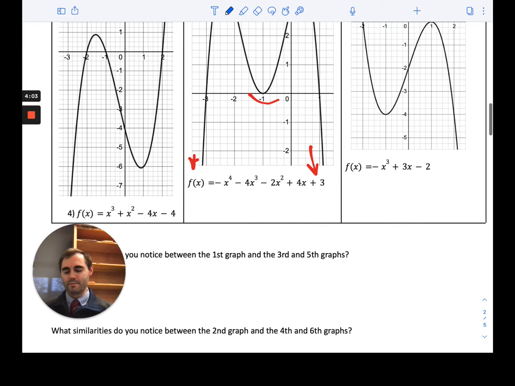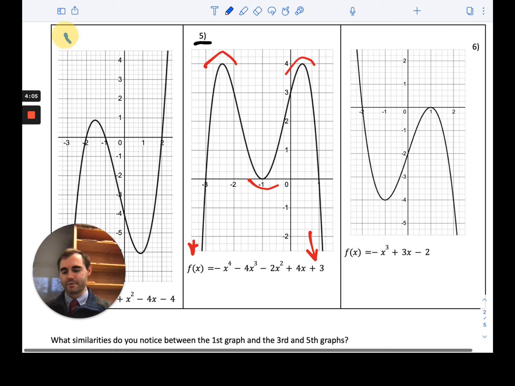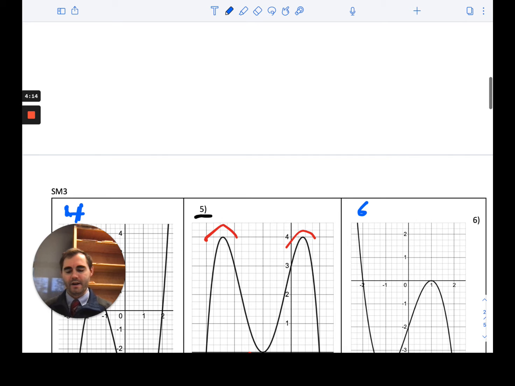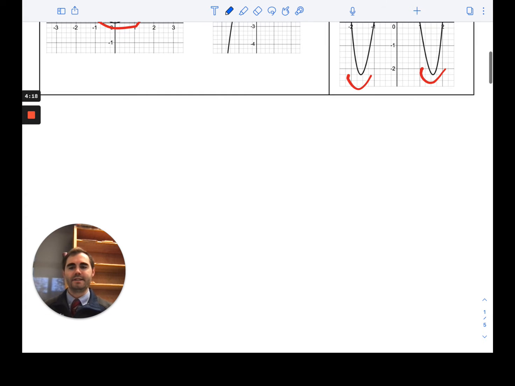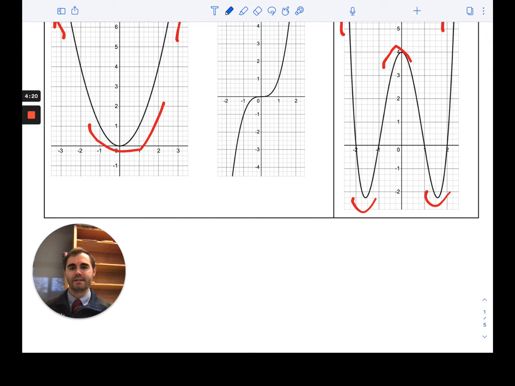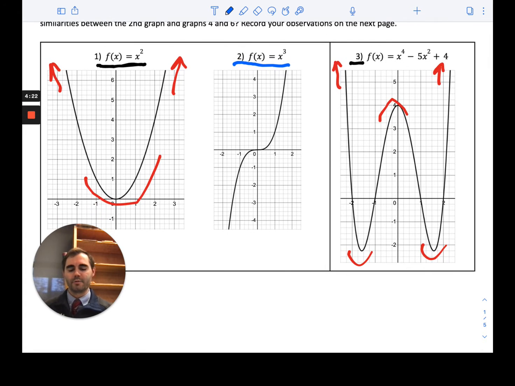But this is graph number 4, this one right here, and this is graph number 6. I want you to compare graphs number 4 and number 6 with graph number 2 and see if you notice anything that is similar between those. I'll give you a chance to pause the video, take a look at those, and see if you can notice any similarities between those 3 graphs.